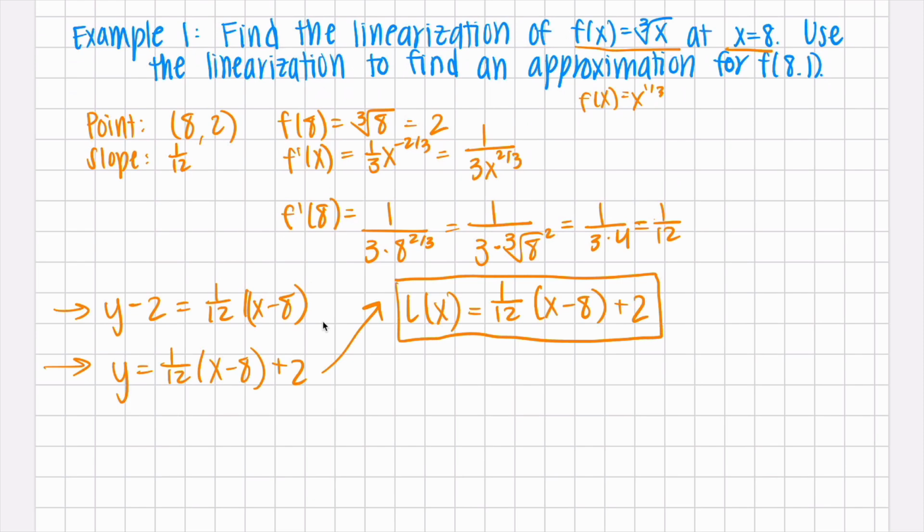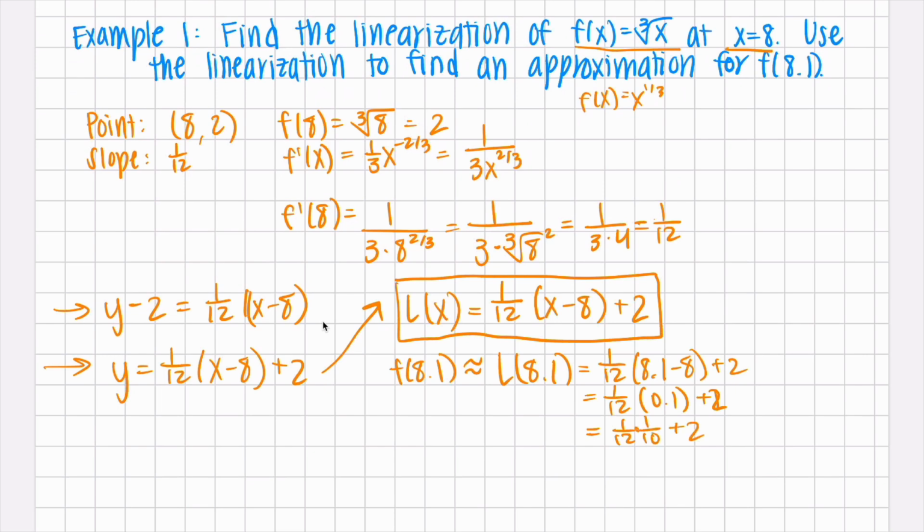They said use the linearization to find an approximation for f of 8.1. So now I'm going to say f of 8.1 is approximately L of 8.1, and I'm going to plug that in. This is going to be 1/12 times 0.1 plus 2. 0.1 is 1/10, so I get 1/120 plus 2.